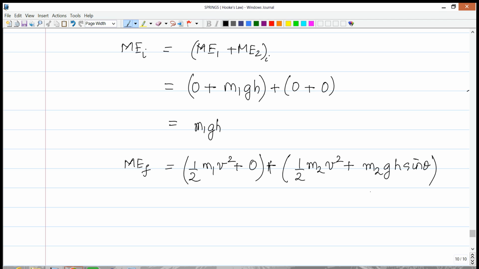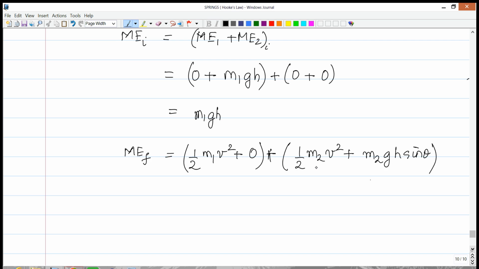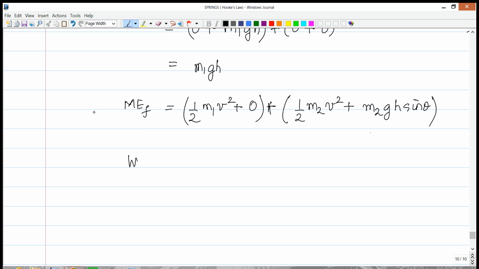Alright, so we have all our components, or rather we have the mechanical energies. Let us now obtain the work done. Now, work done by friction is very simple. We need to know the force of friction, which happens to be the coefficient of friction mu_k times F_N, and F_N in this case is simply equal to m2 g times cosine of theta. So this is my friction.